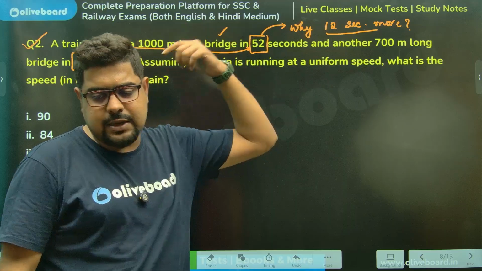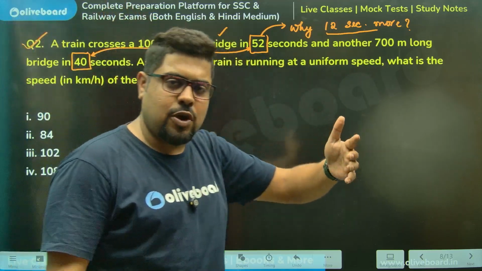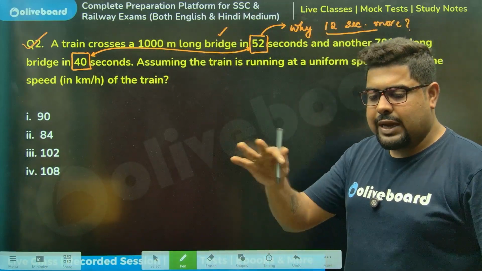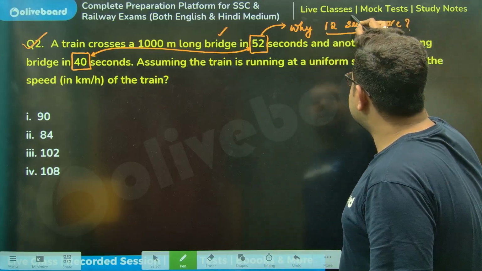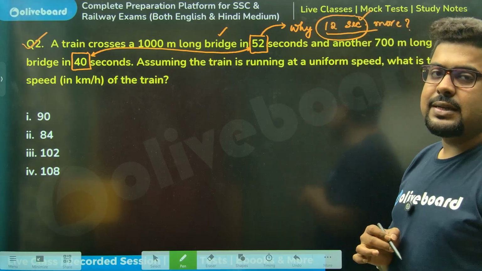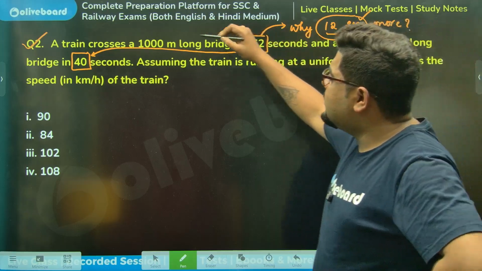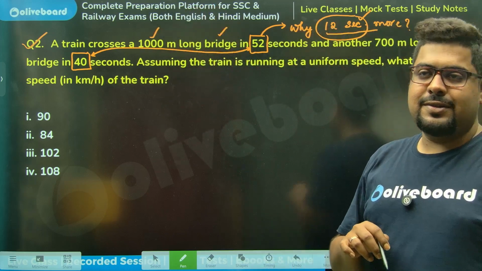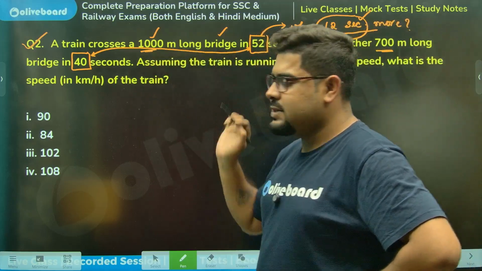The second one is also another bridge, so there also the train needs to cross its own length plus the length of the bridge. So both are identical. Then why in the world this 12 seconds extra, sir? If you ask yourself this question, the only reason you will find is that the first bridge was 300 meters extra, because it is 700 meters and this is 1000 meters.